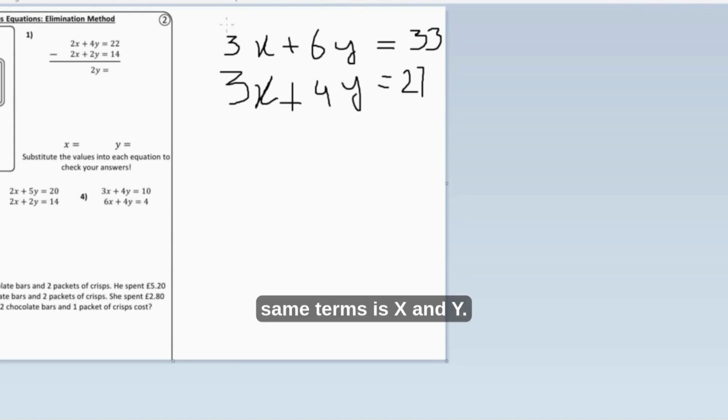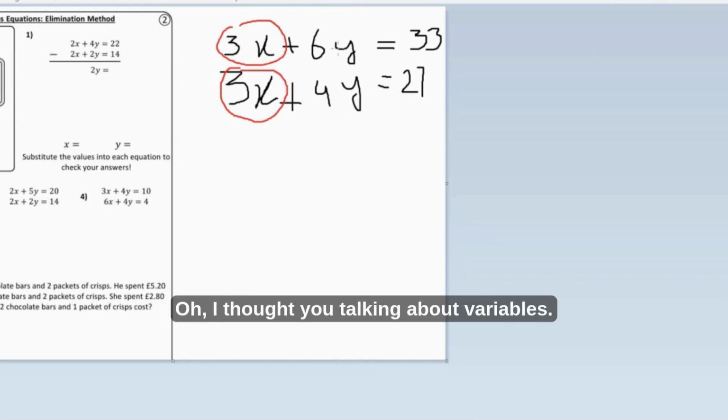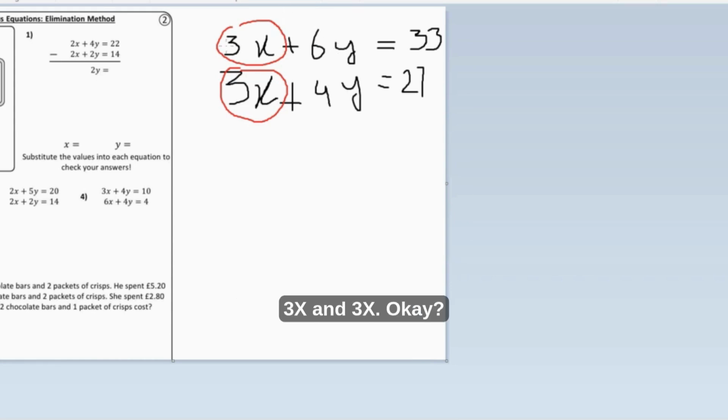The same terms are x and y. Oh, the same terms are 3x and 3x. I thought we were talking about variables. No, terms are a number as well as a variable, both named as a term. So in these two equations, these two terms are the same, 3x and 3x.